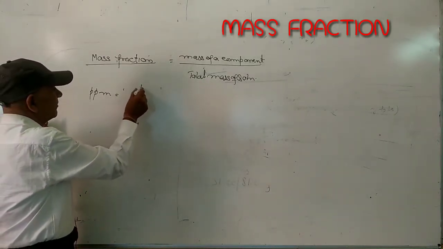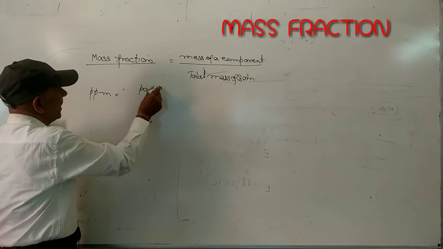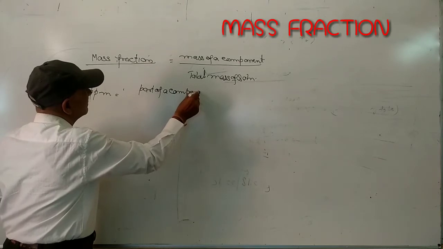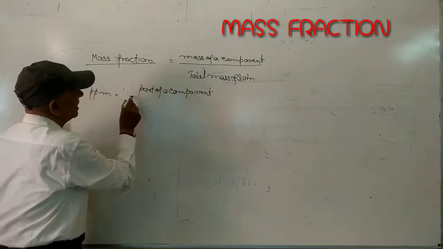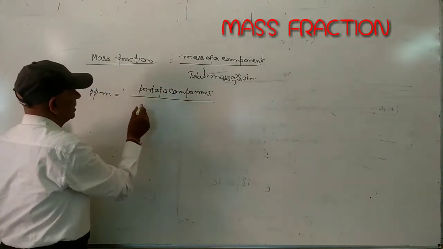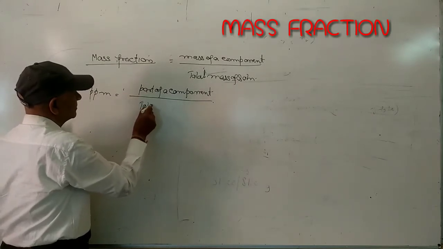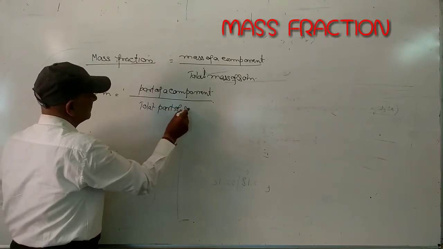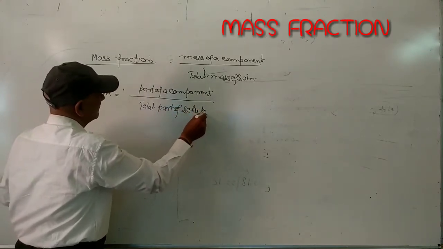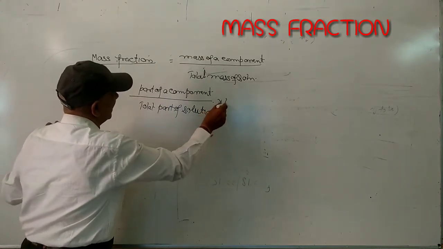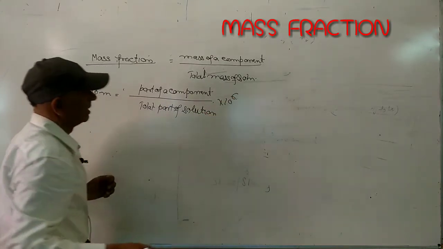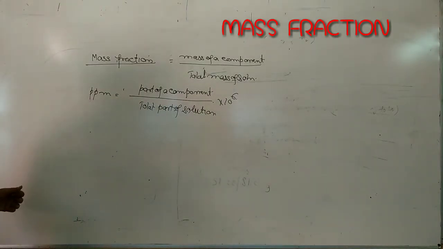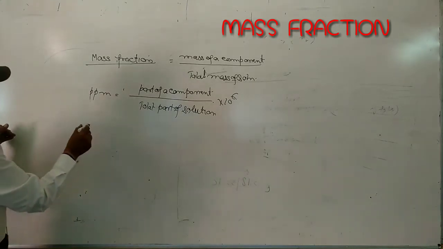So it is the mass of a component divided by the total mass of solution into 10 to the power 6. So this is the way by which we express the concentration of the solution.